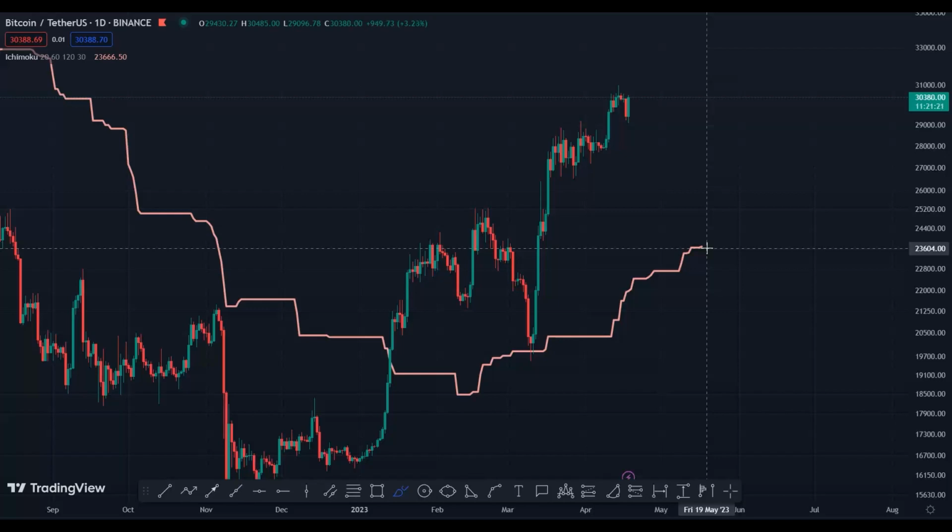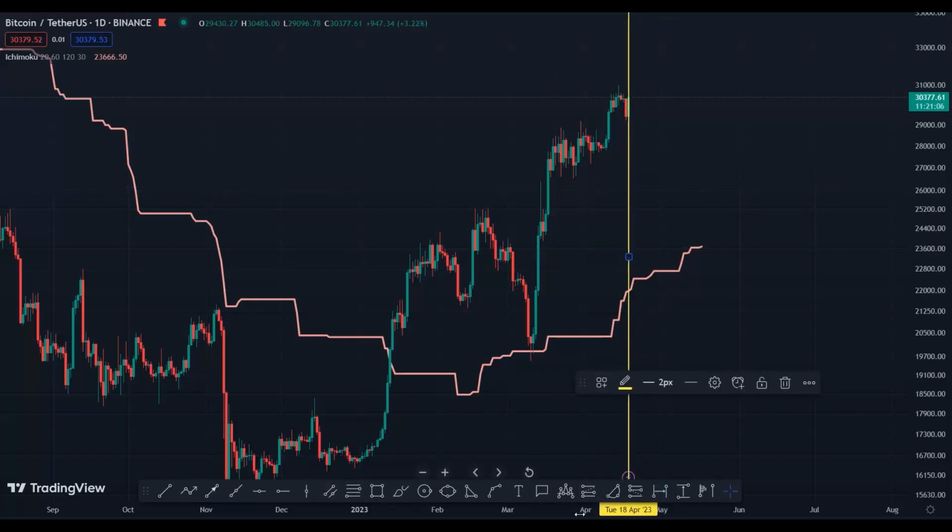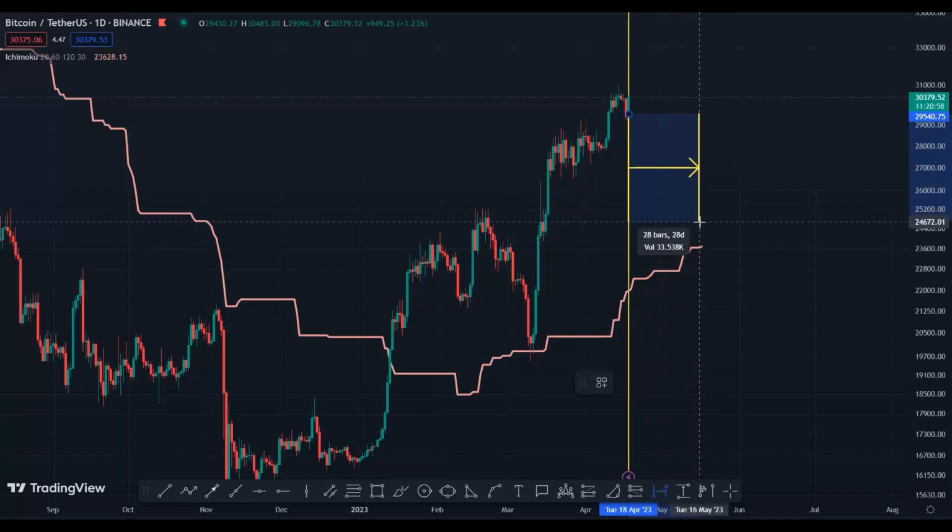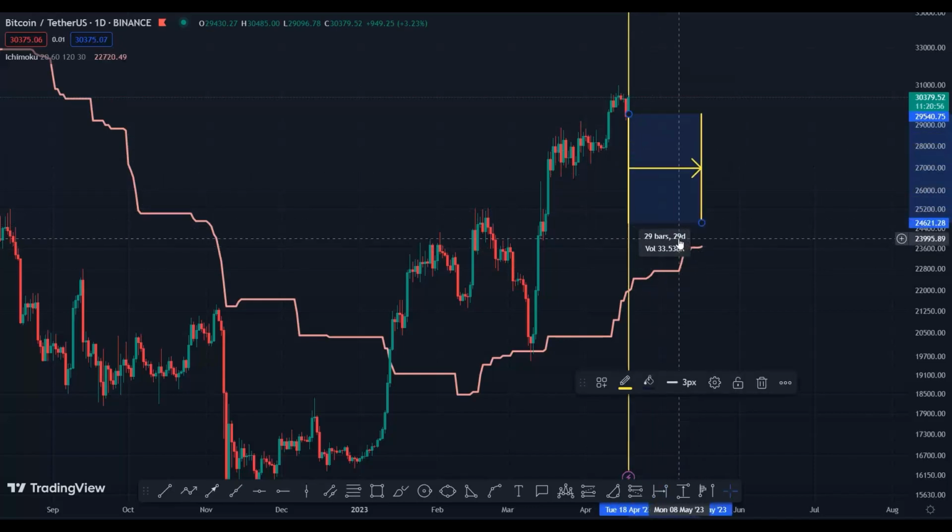Note that Senkou span B is plotted 30 candles ahead. Look, this is the current price, and if you measure from this candle to here, you will see 29 days. We are on a daily time frame, and each candle represents a day.